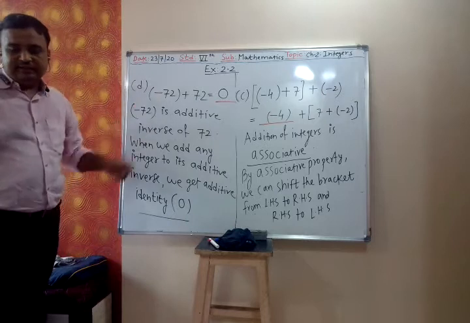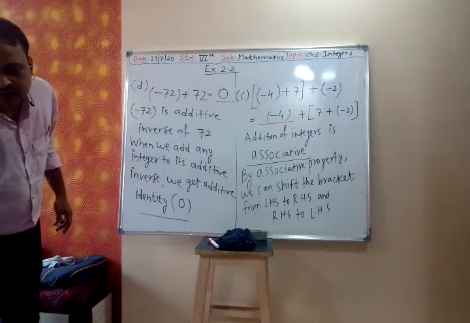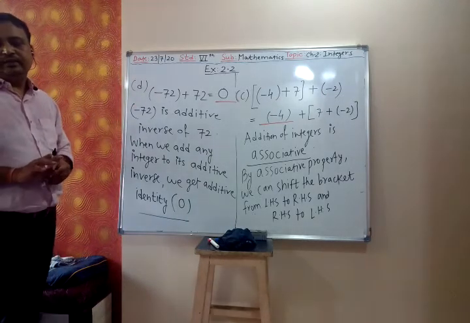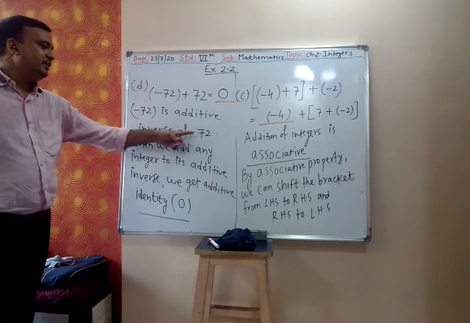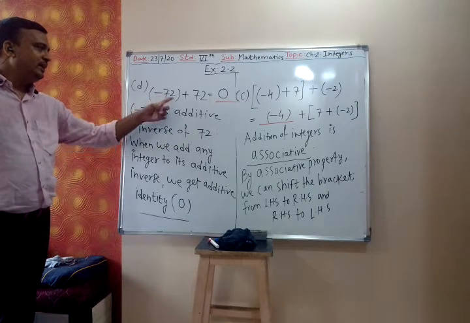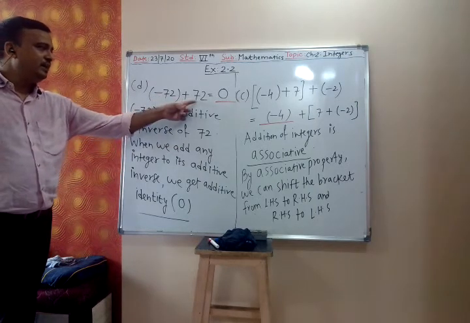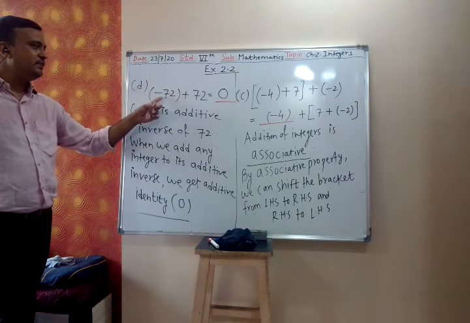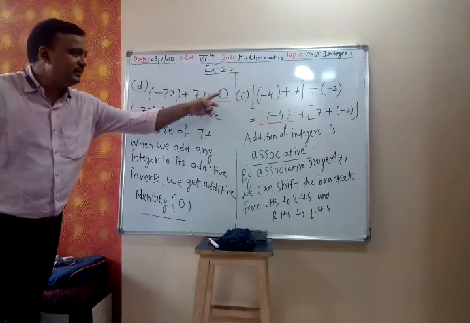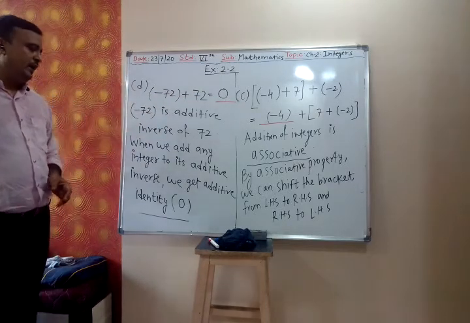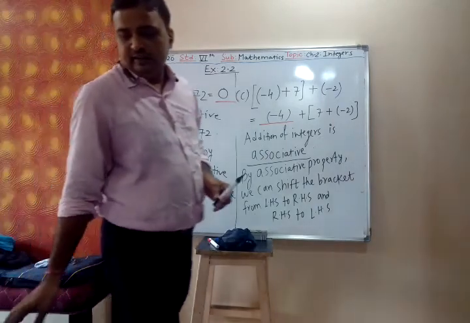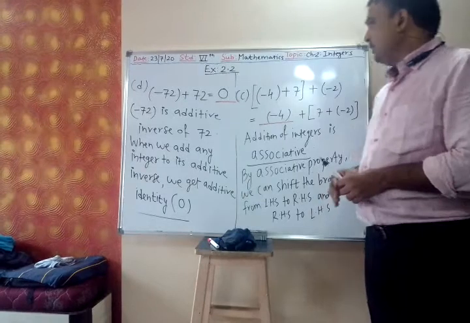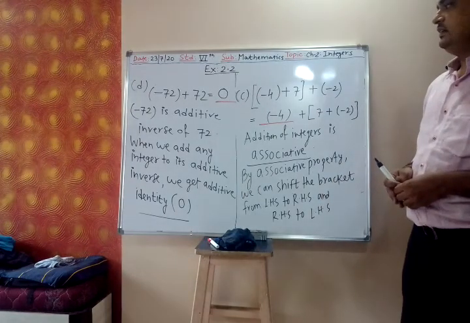So minus 72 is the additive inverse of 72. So whenever any integer is added to its additive inverse, you will get the additive identity 0.